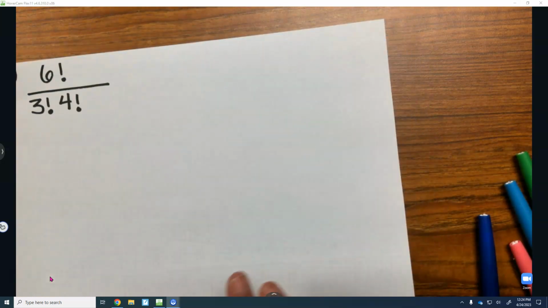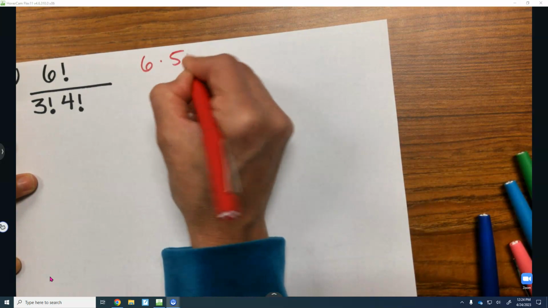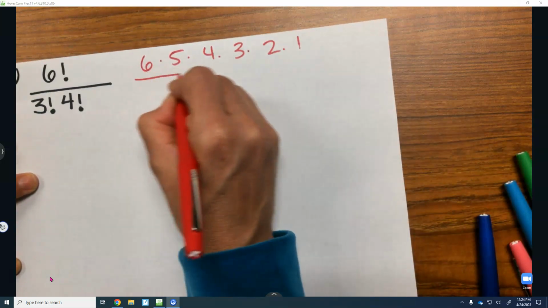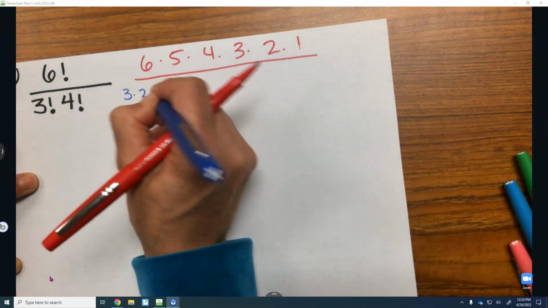Let's take a look at number 10. All right, so for number 10, guys, remember, this is 6 times 5 times 4 times 3 times 2 times 1. At the bottom, this 3 is going to be 3 times 2 times 1.